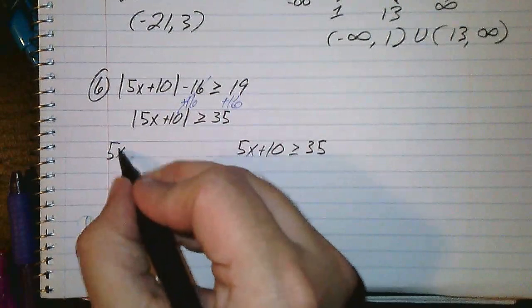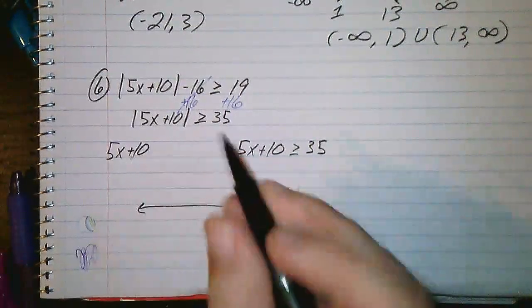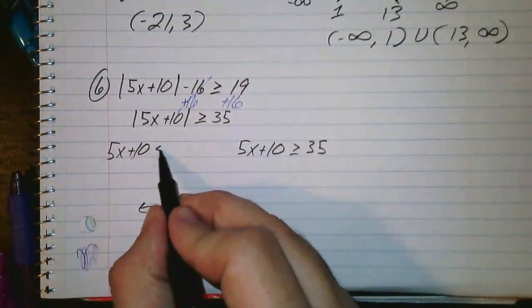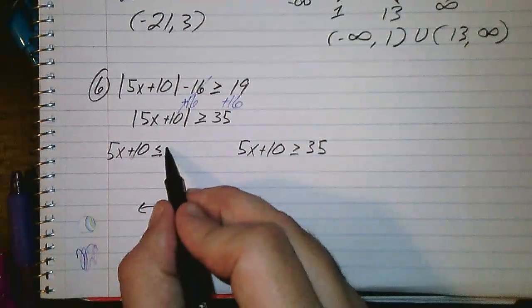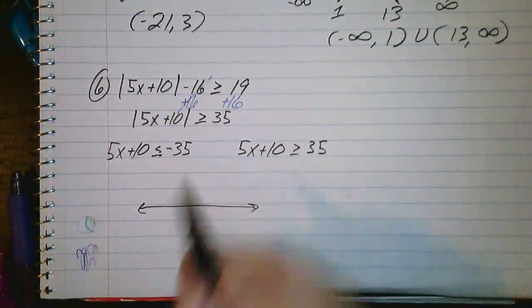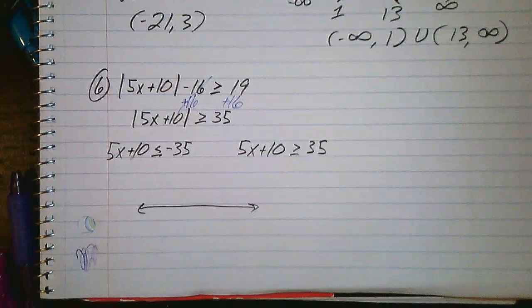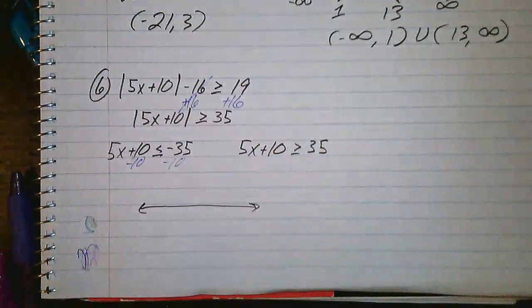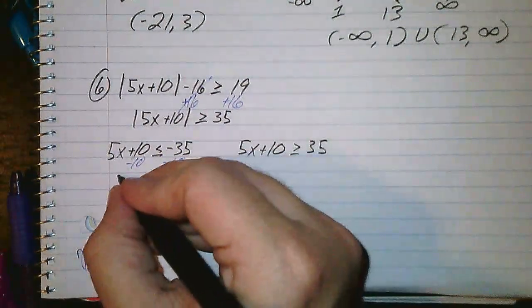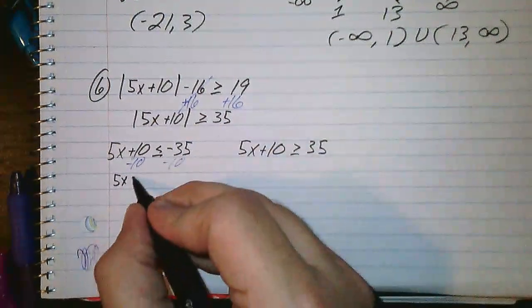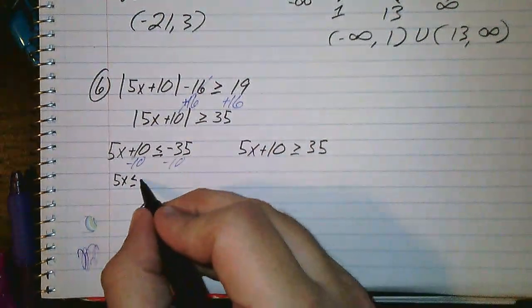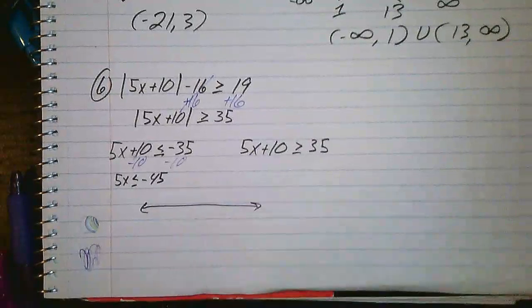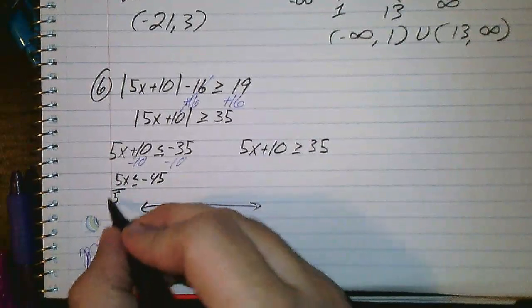On the left side is 5x plus 10. And then I switch my symbol. And instead of positive 35, we change the sign to negative 35. And now we just solve this. So we get 5x is less than or equal to negative 45. Divide by 5.